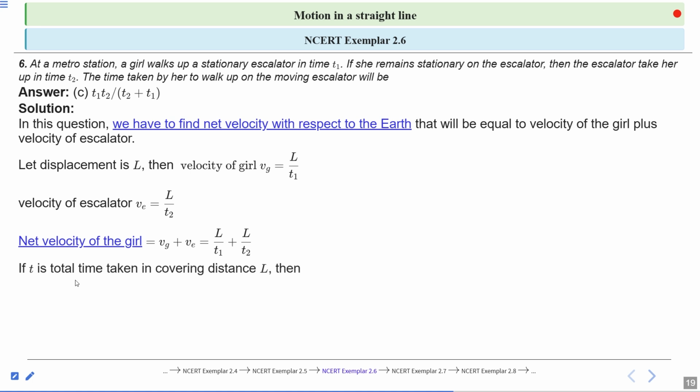If t is the total time taken in covering distance L, then L/t = L/t1 + L/t2. So t = t1t2/(t1 + t2). This is the correct answer.